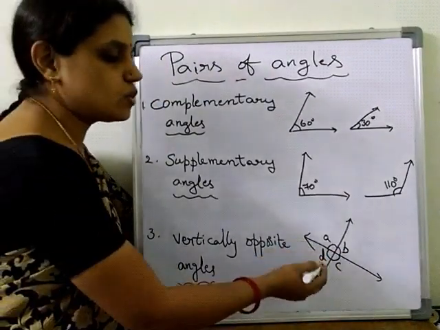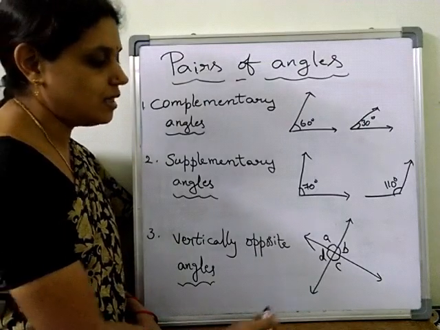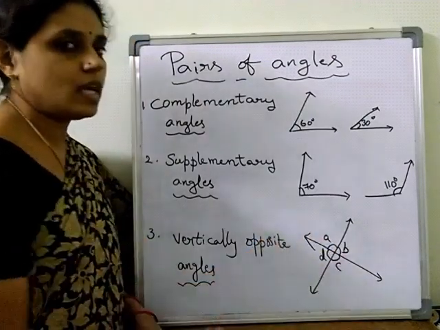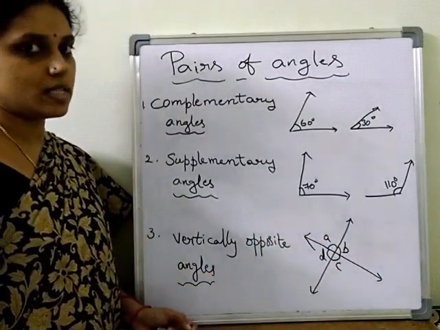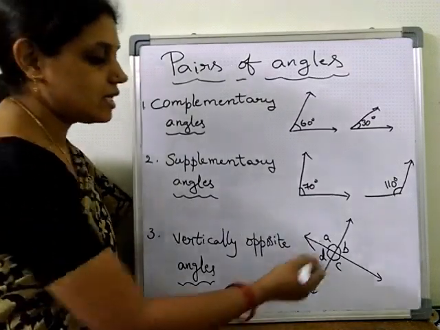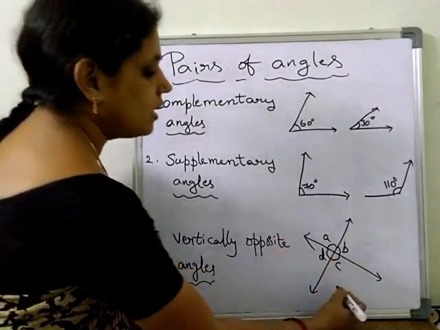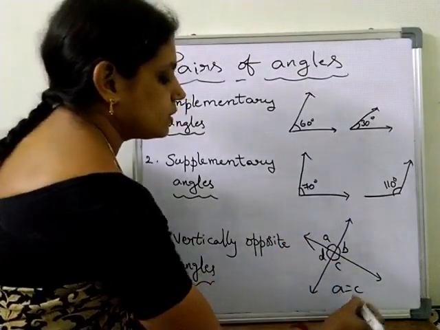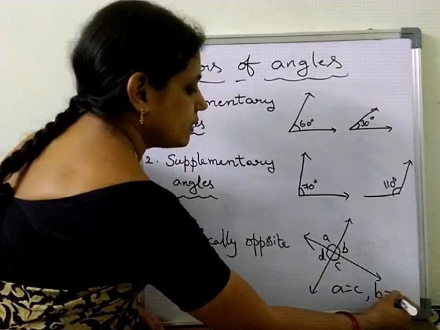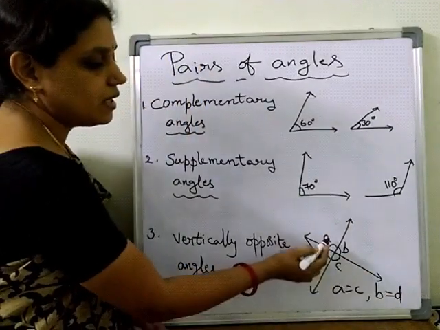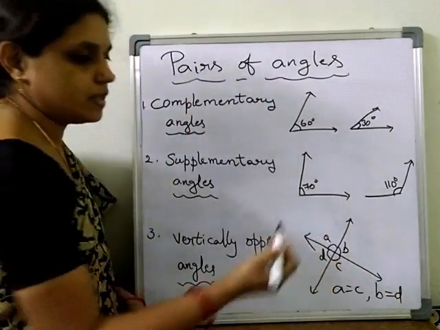So wherever two lines intersect, we get two pairs of vertically opposite angles, and definitely vertically opposite angles are equal. So here A equal to C and B equal to D. In this figure A equal to C and B equal to D.